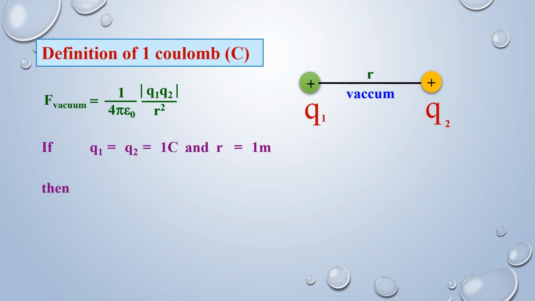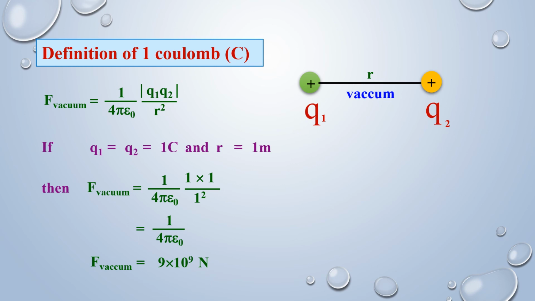So from here I would get an expression for force in vacuum given as 1 upon 4 pi epsilon naught into 1 coulomb into 1 coulomb upon 1 square, which ends up giving me force in vacuum equal to 1 upon 4 pi epsilon naught, where we know the value of 1 upon 4 pi epsilon naught is 9 into 10 to the power of 9 Newton.